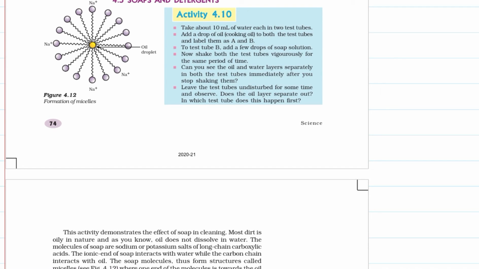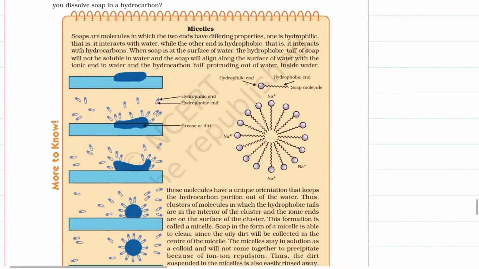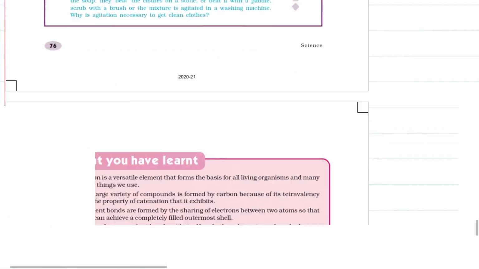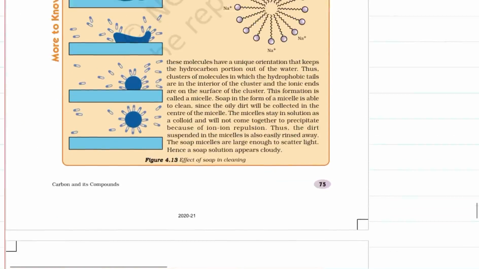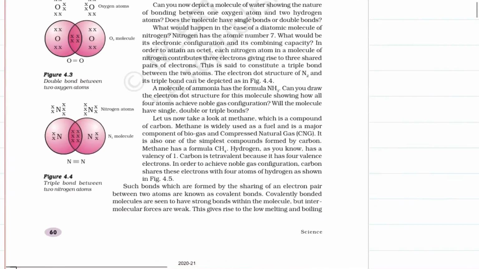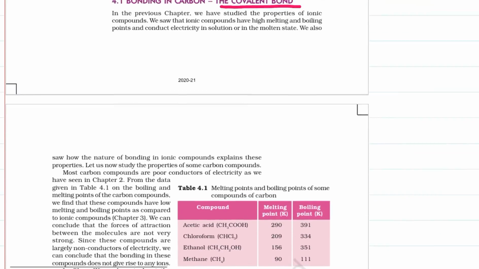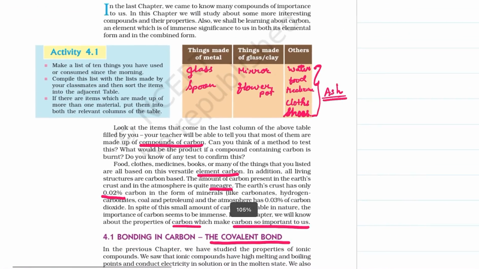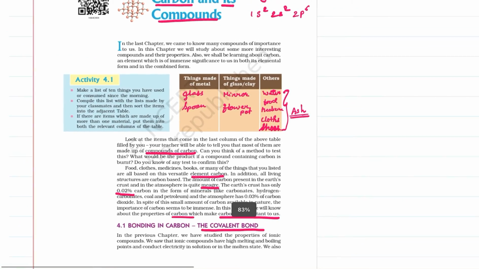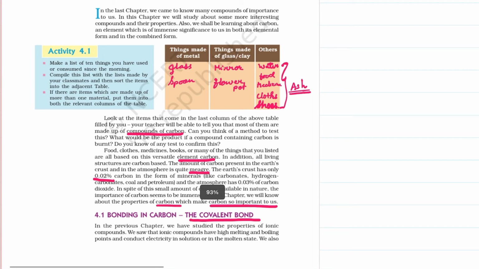Then we are going to study about soap and detergent, where most of them are made up of carbon and its compounds. So, this is the general outline of this chapter. And to summarize this, we can say carbon being very little present in the atmosphere and in the earth's crust, yet it is of immense importance because most of the things around us are made up of carbon.